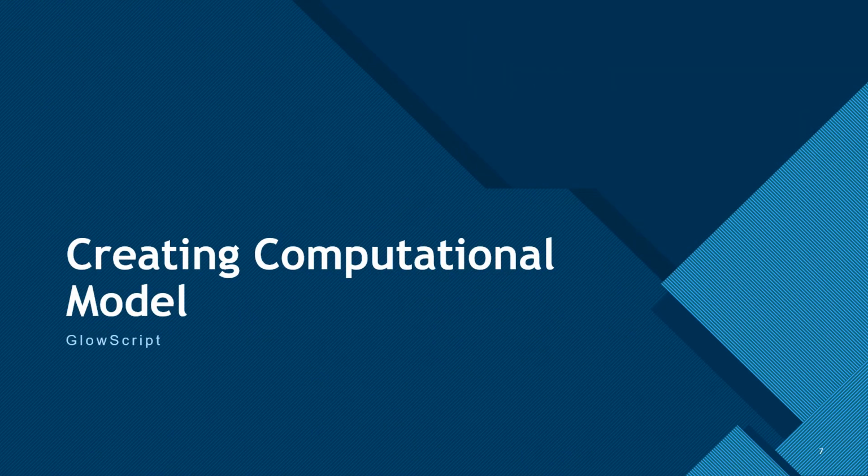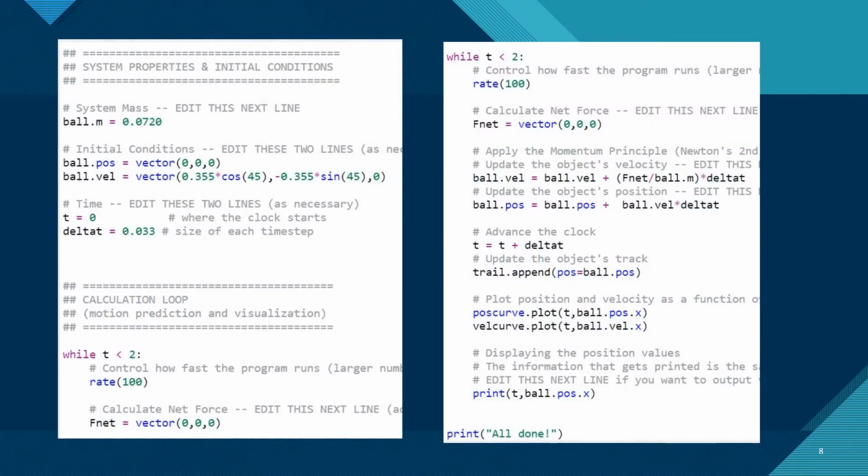So now, taking all these values and putting them into GlowScript, we created our computational model. So as you can see here, we have the main things that we changed in our code. So we started off with the mass of the object, the ball's velocity, which is basically the vector that we just calculated in the slide prior to this one.